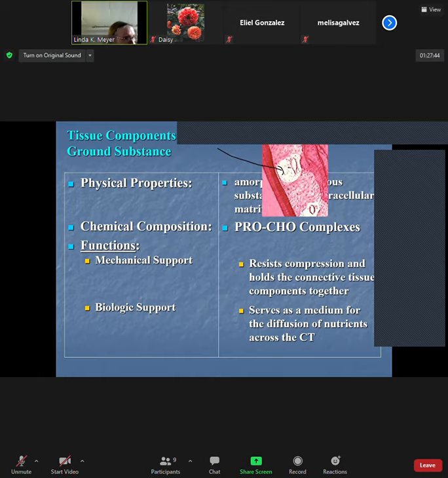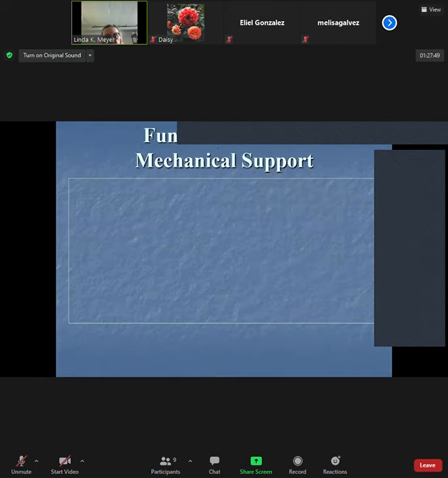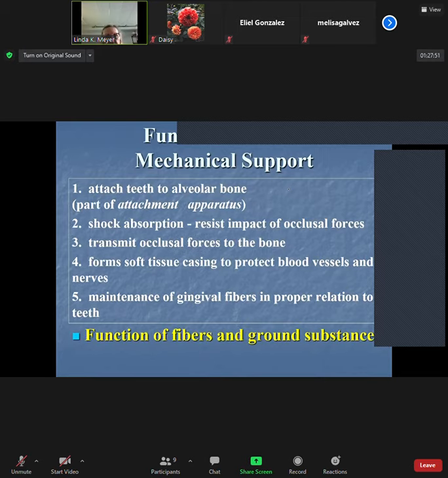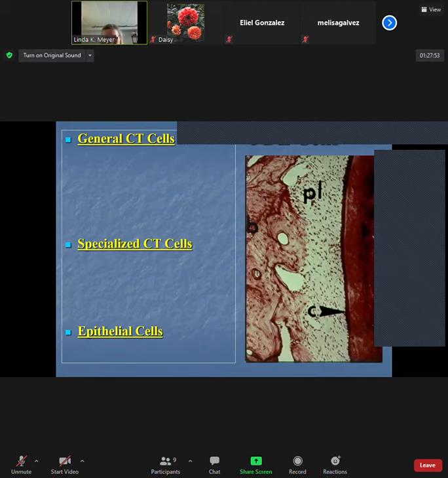Let's talk about the cells of the periodontal ligament. There are a large number of different cells in the periodontal ligament.